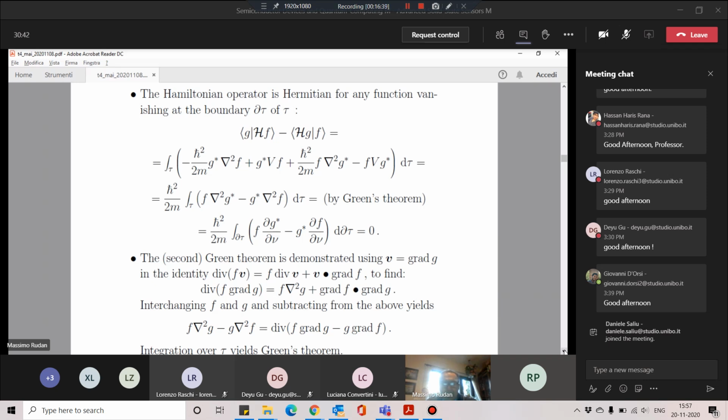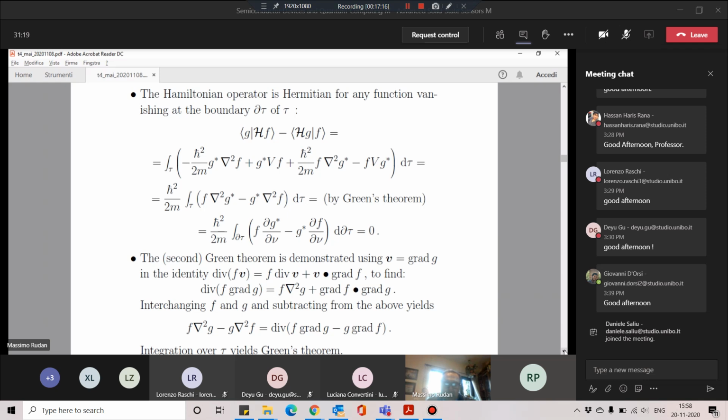The Hamiltonian in itself is real, so when you attach the star on it, nothing changes. But when you apply it on G on the left, G takes the star. So we have the Hamiltonian applied to G star multiplied by F. So you see immediately that the product F V G star cancels G star V F.